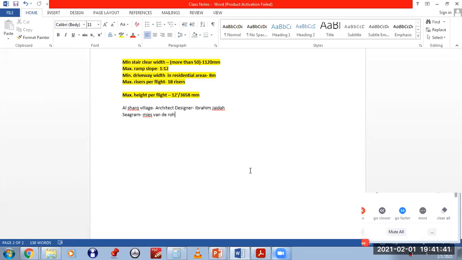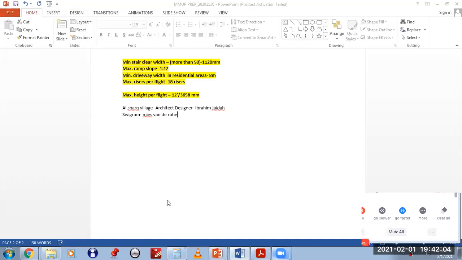Louis Sullivan. Okay. And less is more, you know who, right? Who says less is more? Mies van der Rohe. Mies van der Rohe.